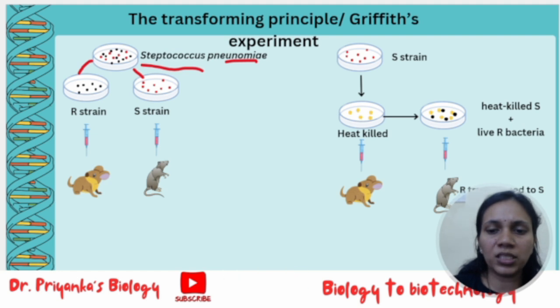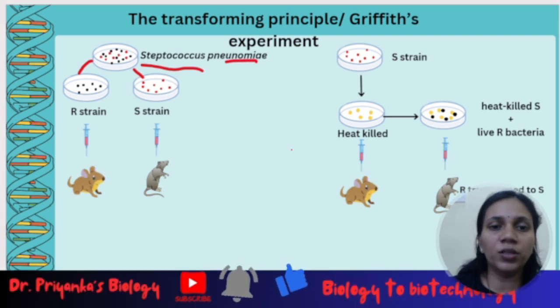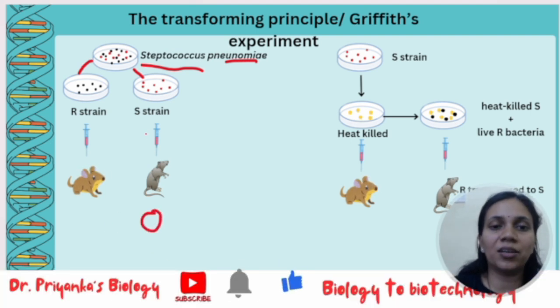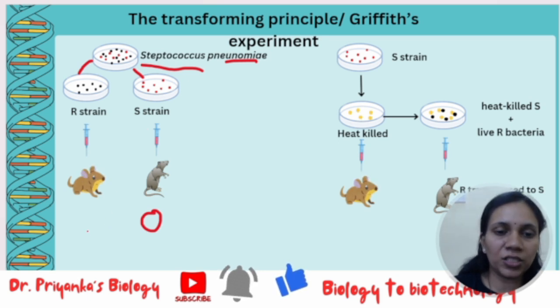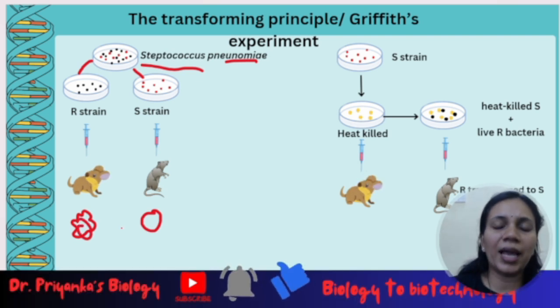So why was this happening? Why is there a difference between the rough strain and the smooth strain? The smooth strain had a polysaccharide capsule, whereas the R strain had a rough surface because it lacked this polysaccharide coat.